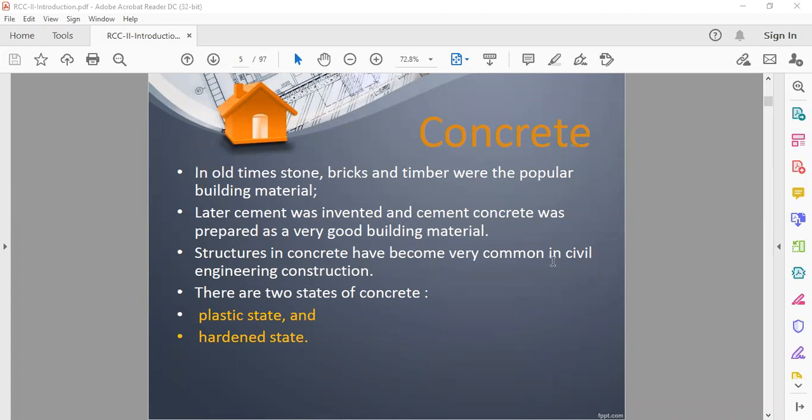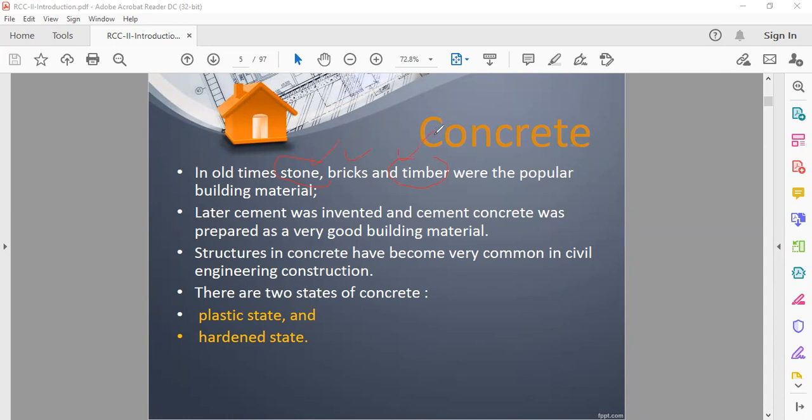Basically, as you know, in older times, most of the time stone, brick, and then timber were used. You might have seen in some of the older movies that stone, bricks, and timber were used.